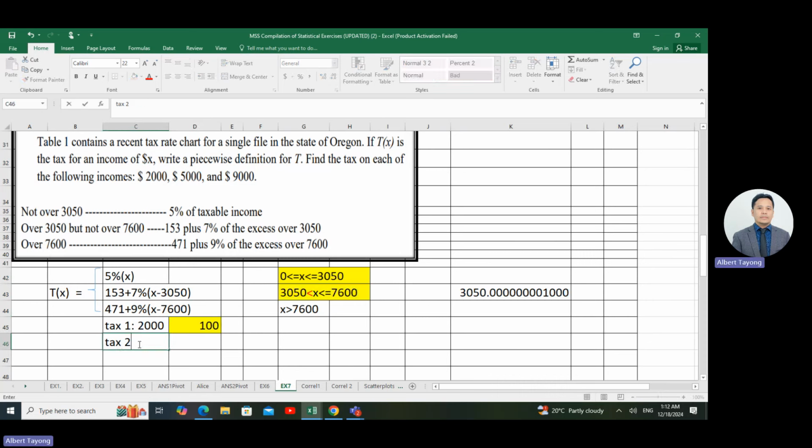For the second one, we have 5,000. So this is the income, 5,000. We have to follow the second one. Yeah, above or over 3,050, but not over 7,600. So we're going to use 153 plus 7% times 5,000 minus 3,050 and close.